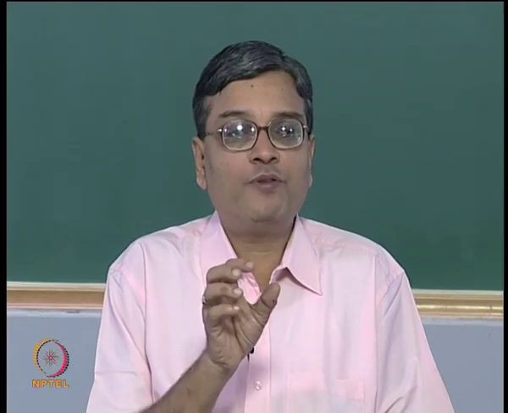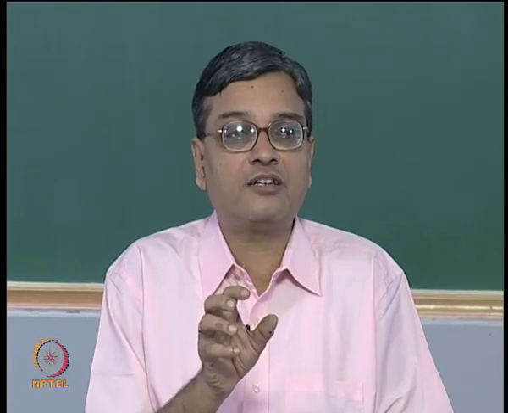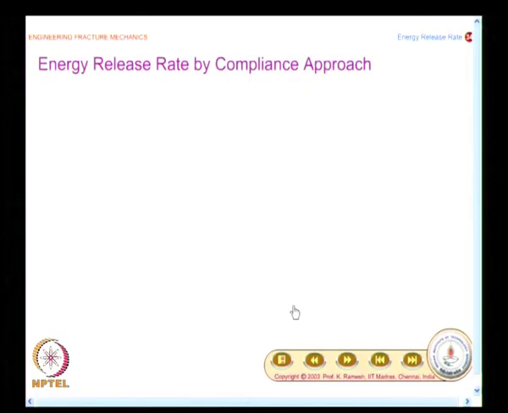We will have to play with this expression V equal to CP, and what we want to do is, instead of d capital pi by dA, we would like to replace it in terms of dC by dA. That is the focus, and I would like you to do this derivation yourself. I would take you halfway, give you some time, and you play with these equations and try to get the expression.